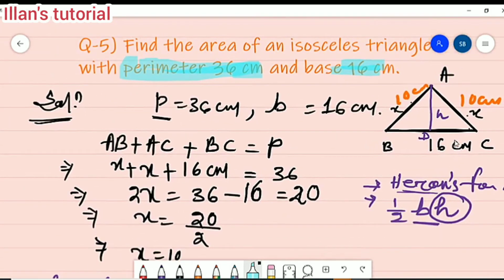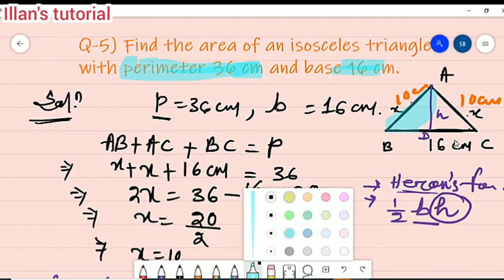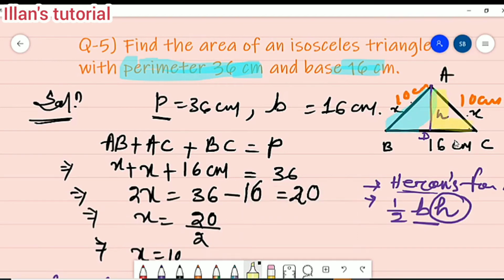See, this is the isosceles triangle ABC. When I draw a height on BC, we'll get two triangles. One is ABD and the other one is ADC. If I take ADC and use the Pythagoras theorem, I'll get this AD, that means height H. For that we have to find the base.